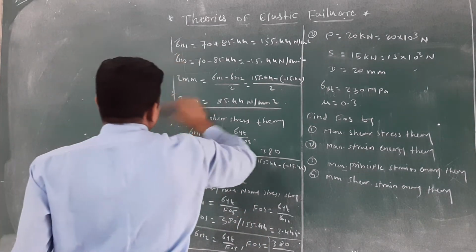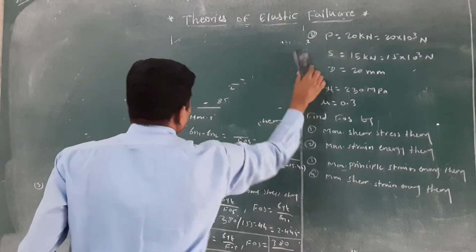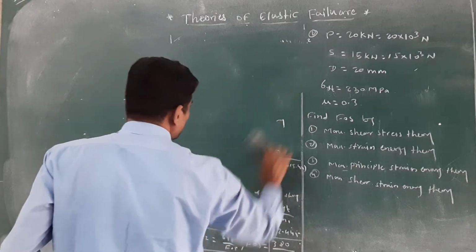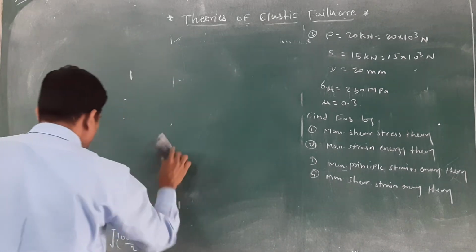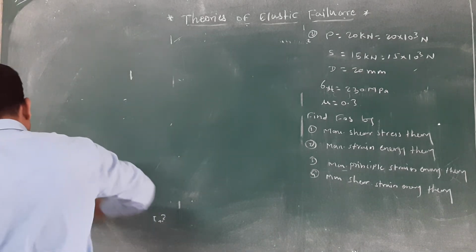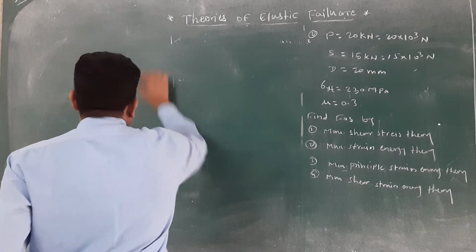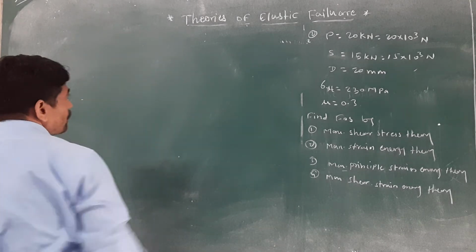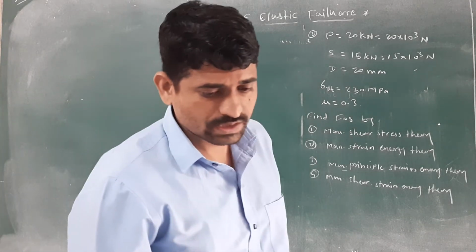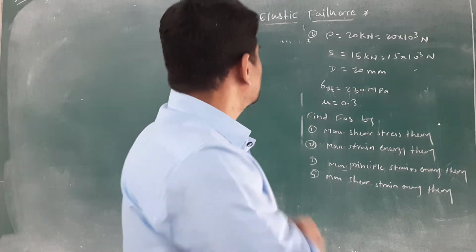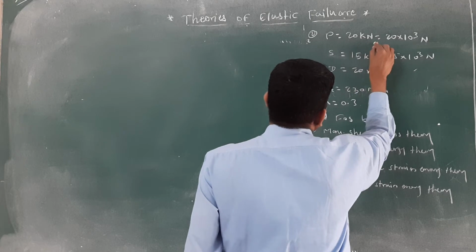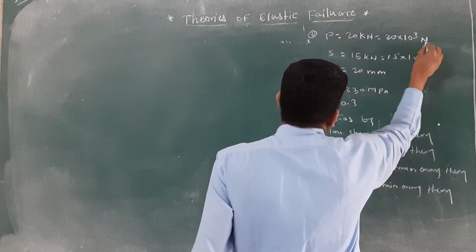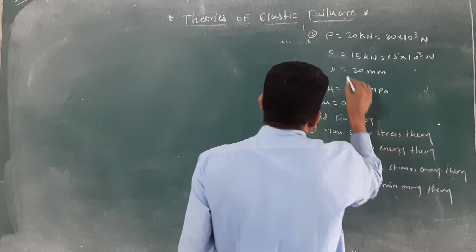What is the second numerical? See, the force is given. A tensile or positive axial pull of 20 kilonewton is applied on the beam. I have converted it into newton, 20 into 10 raised to 3 newton.